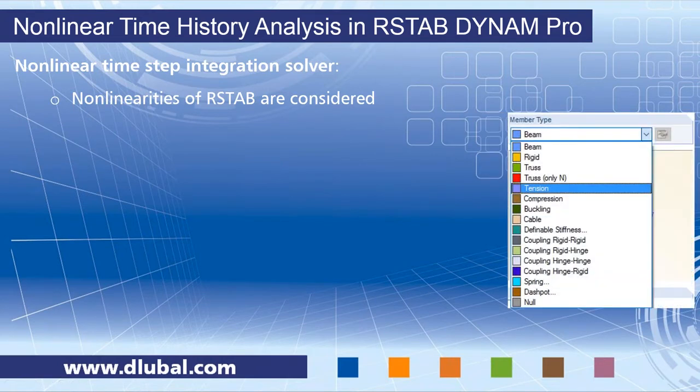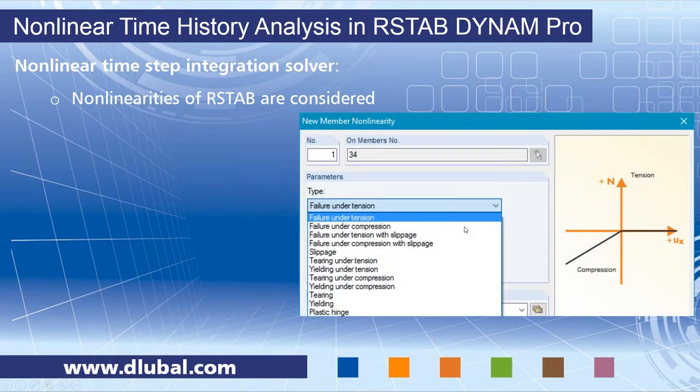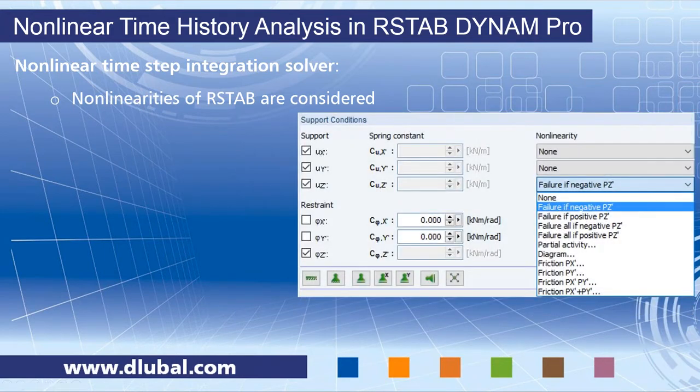We have several member types that are nonlinear. These are the tension only, compression only member types, buckling, and cable. Then you can define member nonlinearities for each type of member, a beam, for example. So you can define plastic hinge options or some yielding or failure. You can also define nonlinearities for supports.